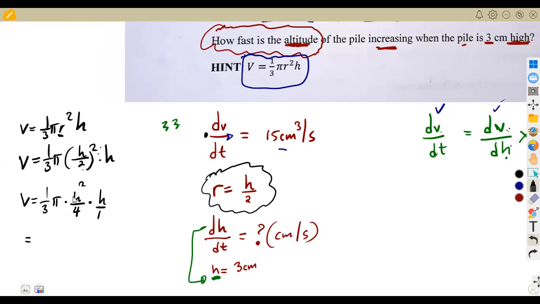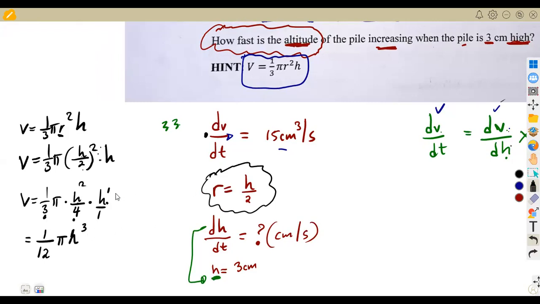We multiply the numerators together, giving 1 over 3 times 4, which is 12. So it is 1 over 12 pi h squared times h, where h is to the exponent of 1. You simply add the exponents, so it is 1 over 12 pi h cubed.